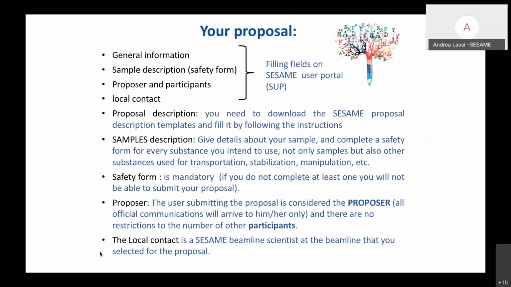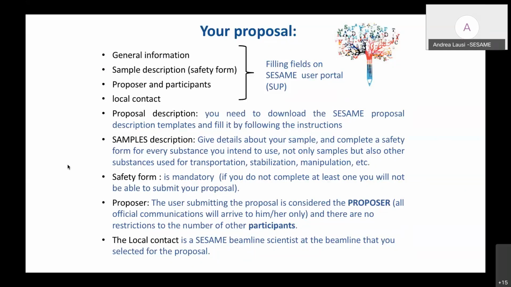So in total, you have to fill in something in the user portal. This is online information. Then there is this downloaded template with all the proposal. And then there is the safety form, which is another mandatory important part, which you also download, which tells us about the nature of the sample.